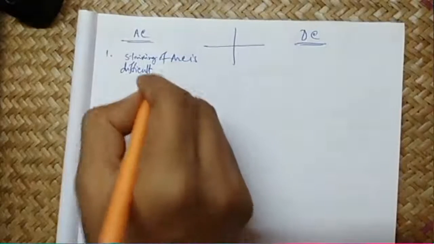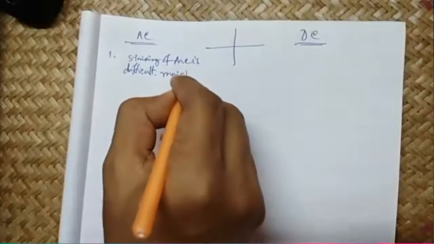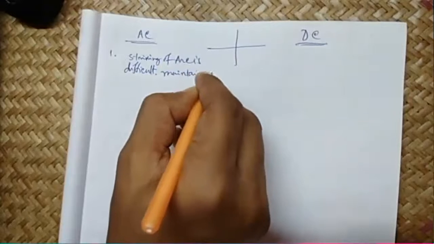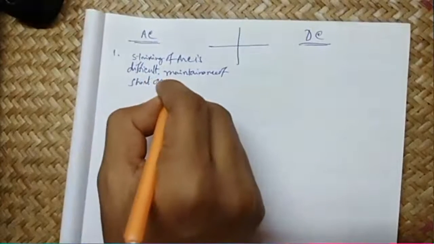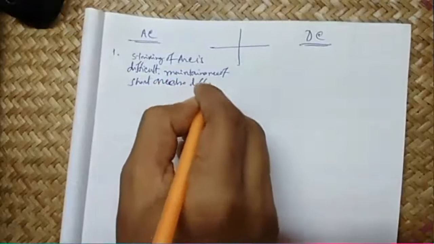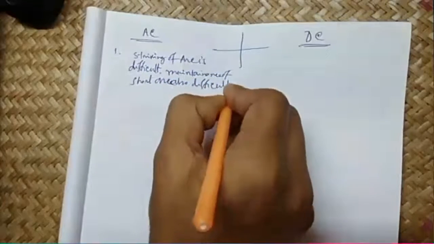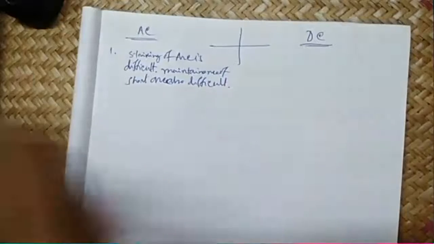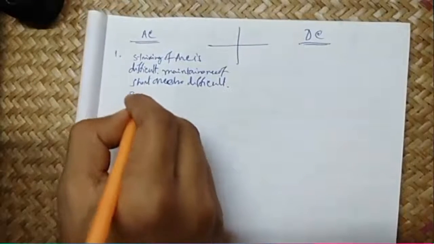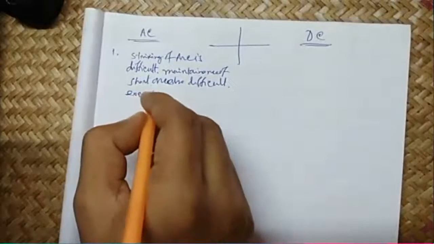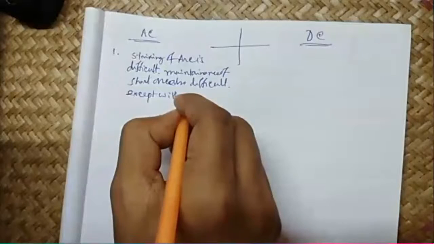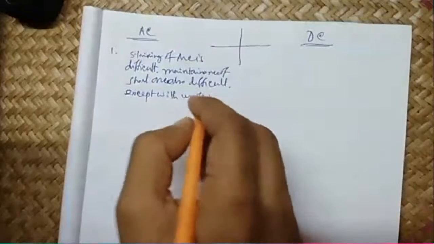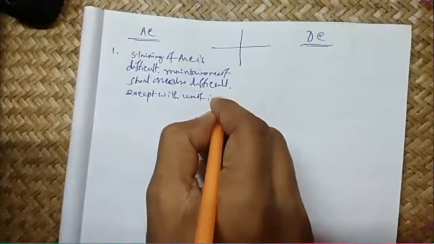The maintenance of a short arc is also difficult, except with the use of iron powder electrode.